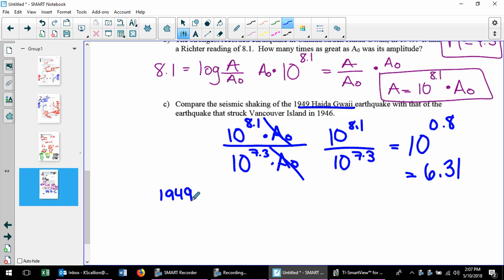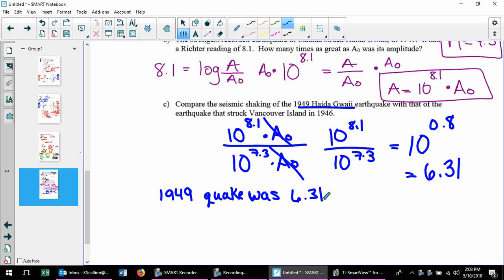So what do we know? The 1949 earthquake was... do that in your calculator. If it was no calculator, you wouldn't have put 6.3.